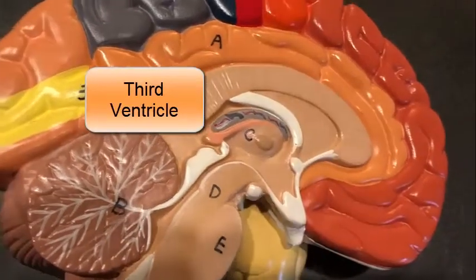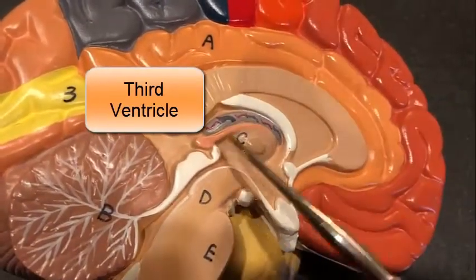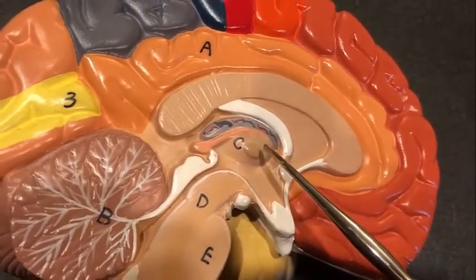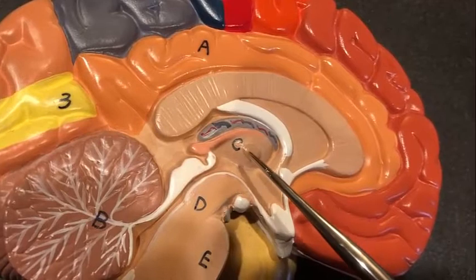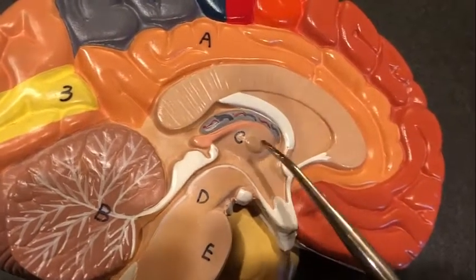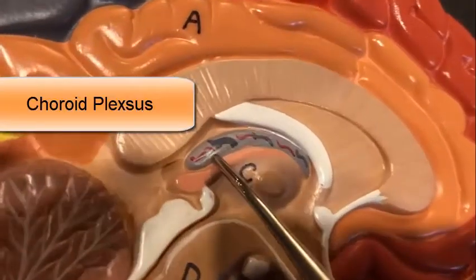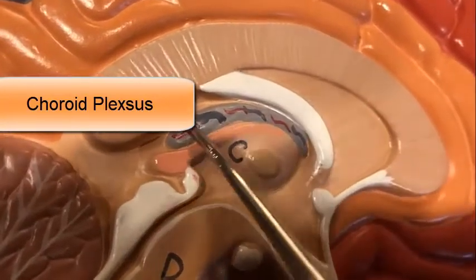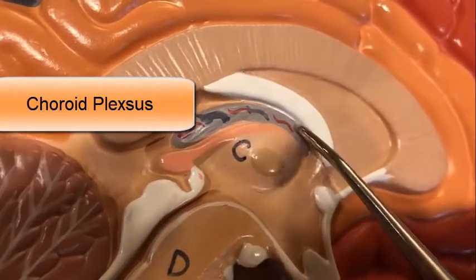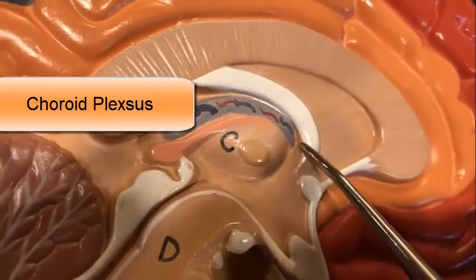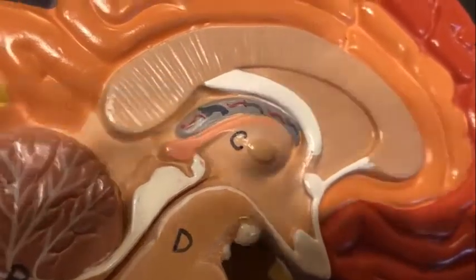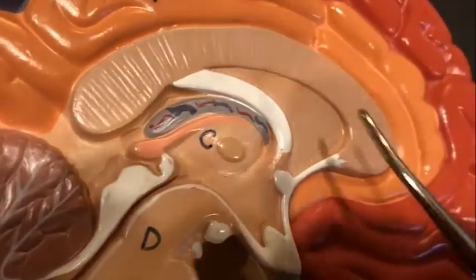The third ventricle is bordered laterally by the thalamus, the yo-yo thalamus, which we're going to look at a little bit later. You'll see that structure outside of the brain here. This blue here is the choroid plexus, which is a combination of capillaries and ependymal cells that form a blood-cerebrospinal fluid barrier.